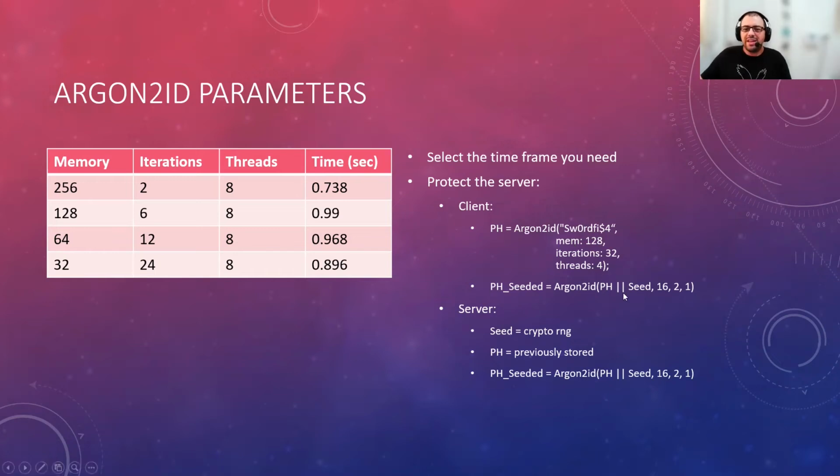And then we get a seed from the server, and the server just generates some crypto numbers. It already has the previously hashed password. So it does this. Let's compute, cheaply, using a cheap mechanism, the password hash with the random seed. And this is cheap to run on the server side.